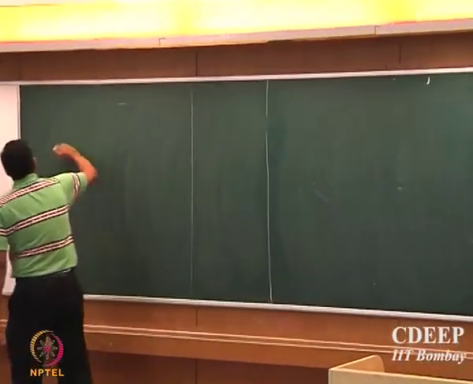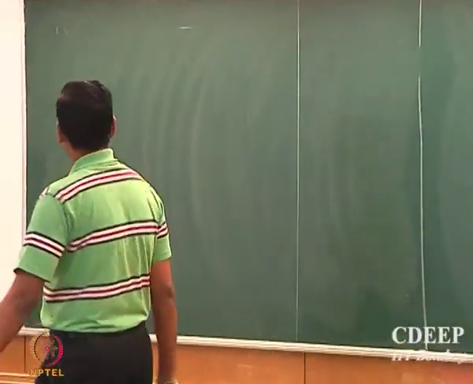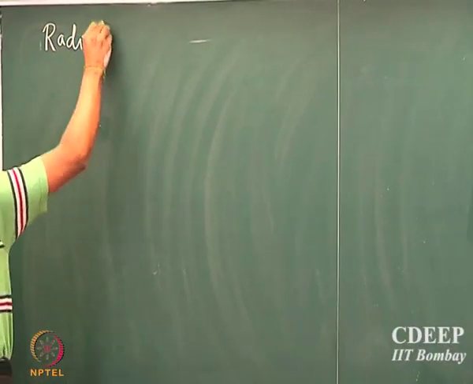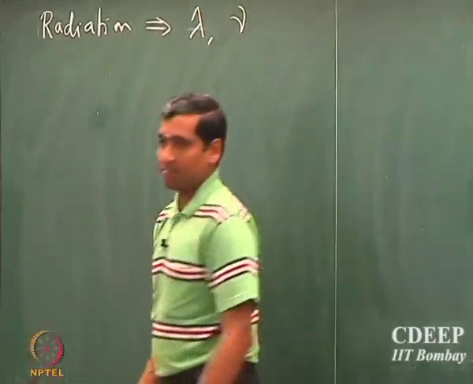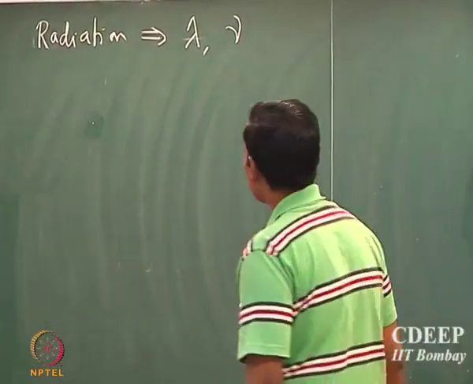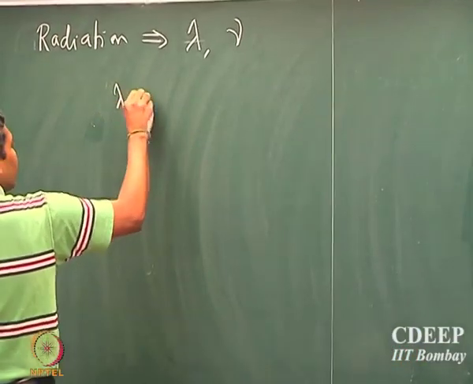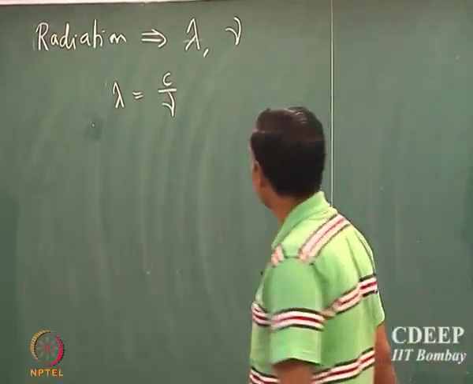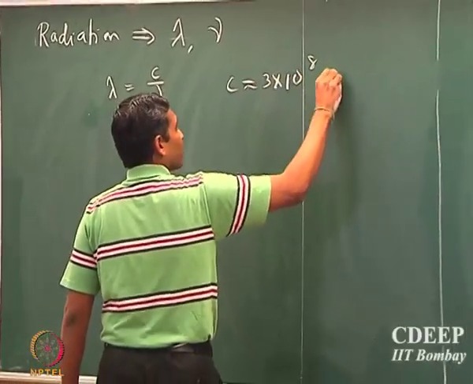Okay. Whether we believe in the quantum theory or the wave theory, we can always characterize radiation. Radiation is always associated with a certain wavelength and frequency, and so we can always say that lambda equals c by nu, where c is the speed of light under vacuum conditions, approximately 3 into 10 power 8 meters per second.